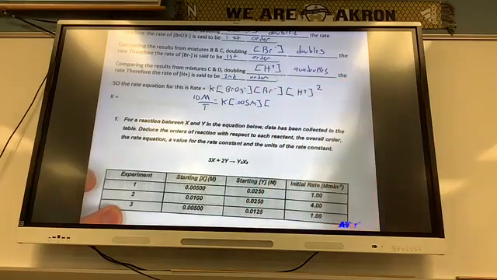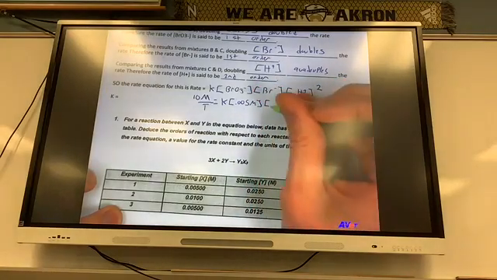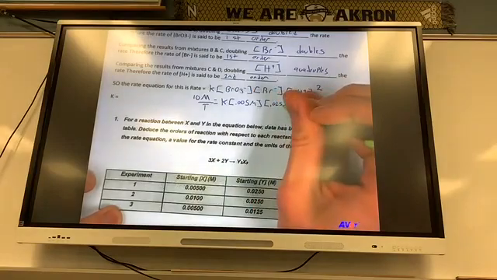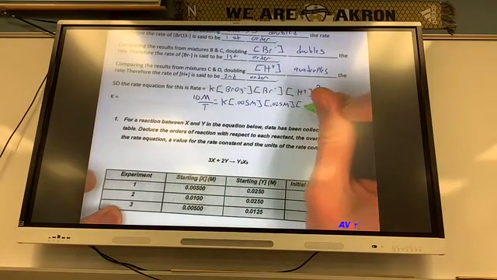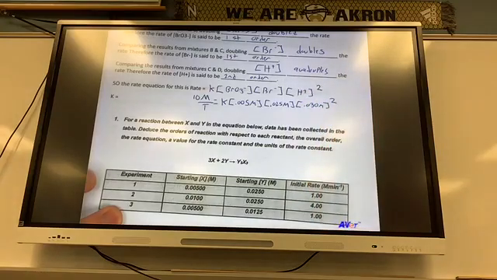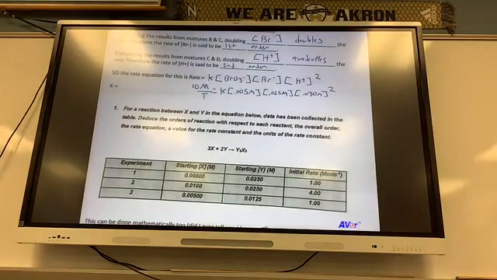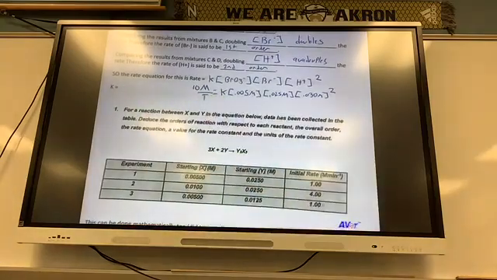Times concentration of Br⁻, which is going to be 0.025 molar, times the concentration of H⁺, which is going to be 0.030 molar squared. Agreed? So that means now you have to solve for k. Let's solve for k. See what you guys get, with the correct units.